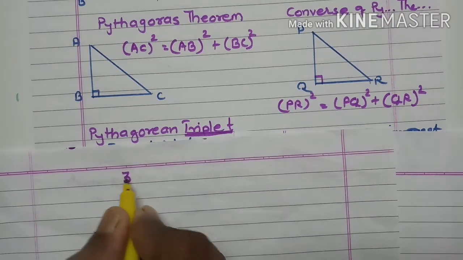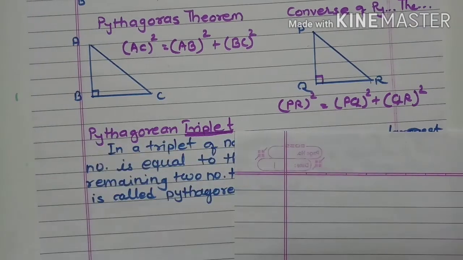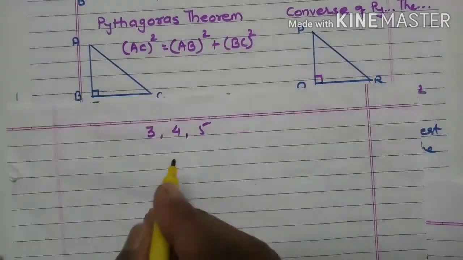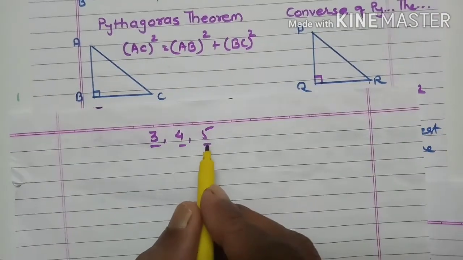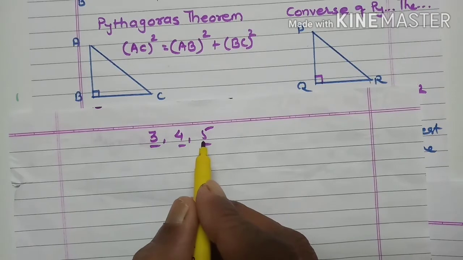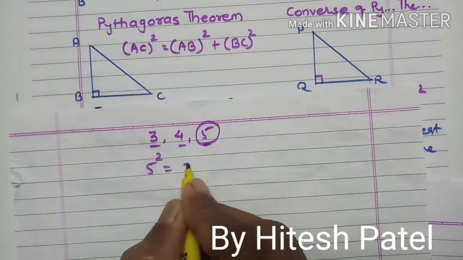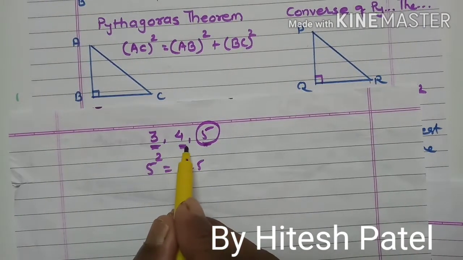Suppose we have three numbers 3, 4 and 5. Out of these three numbers, the larger number is 5, so we have to square it. 5 square is 25. Now the remaining two numbers are 3 and 4.